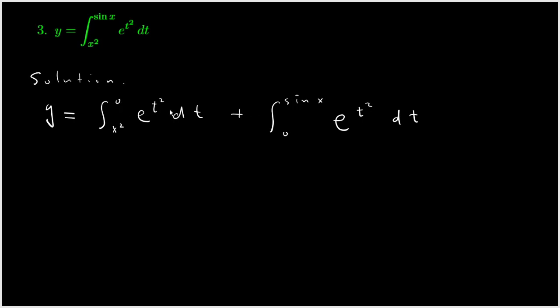This property is always true for any constant. We just use 0 so that the whole thing will look nicer. If you use 1 to separate the two integrals, you can get the same answer. The same thing.